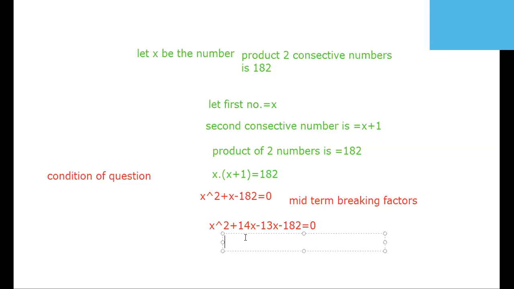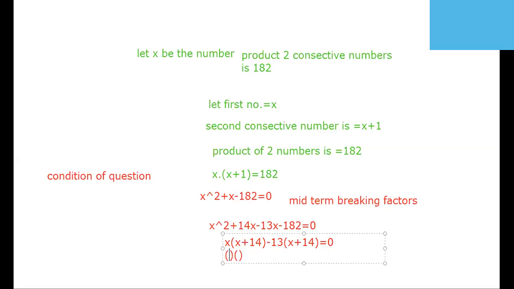If you take out the common factor now, x times it will be x plus 14, and next time minus 13 will be taken. So it will again generate x plus 14. So this will complete the middle term breaking. In the next step, we will have two factors only.